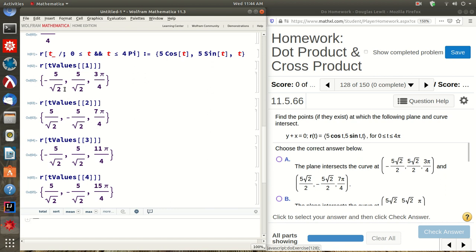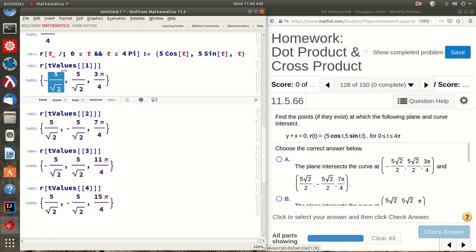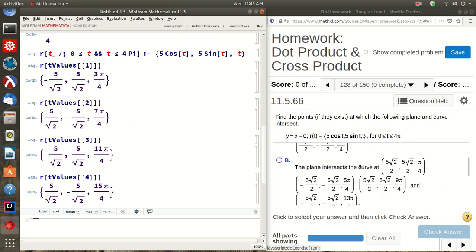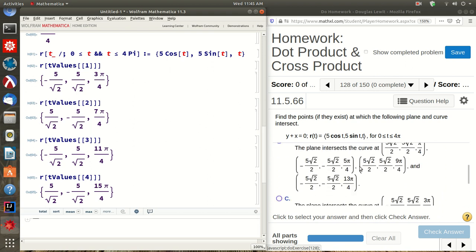Pearson, on the other hand, wants you to rationalize your denominator, which means you have to multiply numerator and denominator by square root of 2. So, according to Pearson, this fraction right over here, for example, would be negative 5 times the square root of 2 over 2. So you kind of have to maybe write it down on a piece of paper or just commit that to memory.